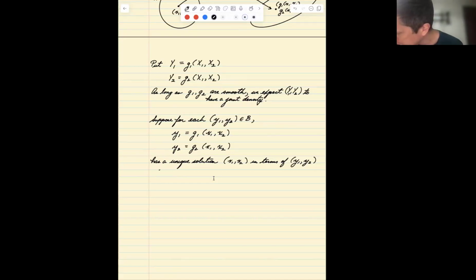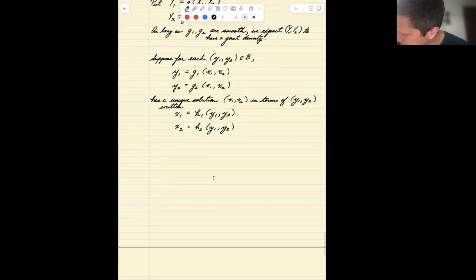And we write this as x1 is h1 of y1, y2, and x2 is h2 of y1 and y2.